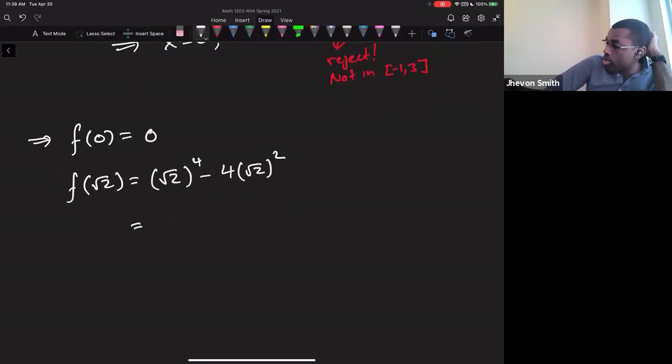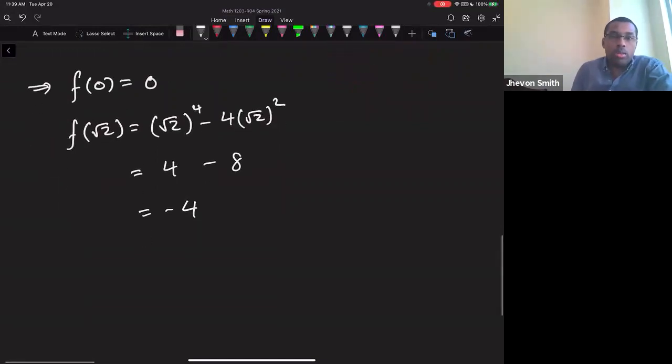So you square root 2, you get 2. You square it again, you get 4. Root 2 squared is 2, and 4 times 2 is 8. So this is 4 minus 8, which is -4. So we've just found the critical points, and then evaluated the function at the critical points.